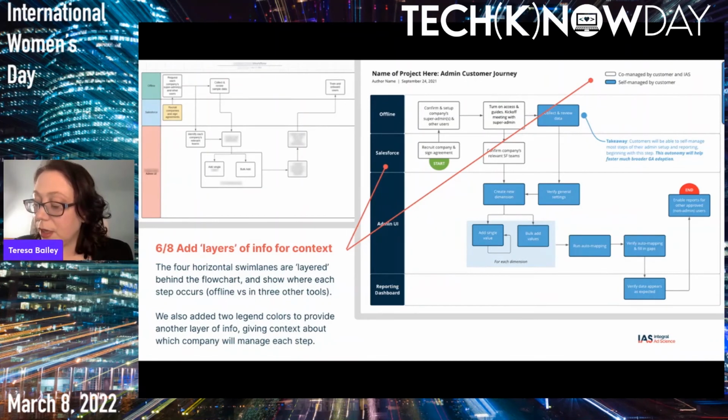A couple more points I want to bring up, and we mostly covered this, is the idea of bringing in different layers of information. So he's got the process layer, he's got this swim lane layer, and then we added the color layer. But again, try to do it in a way that is as clear as possible.